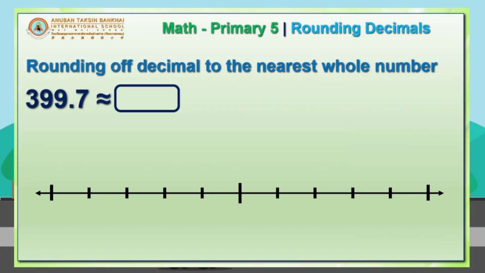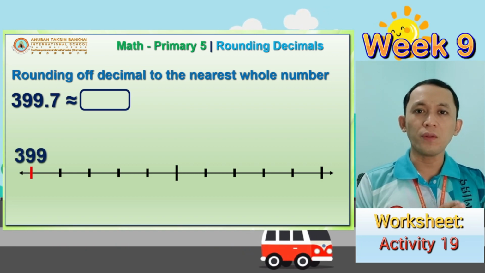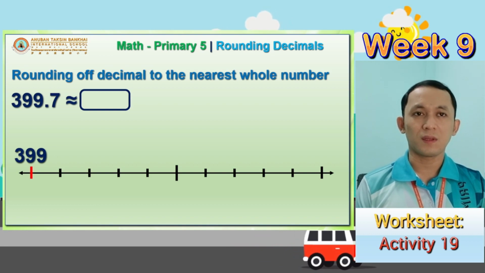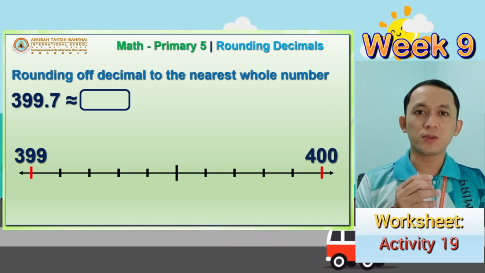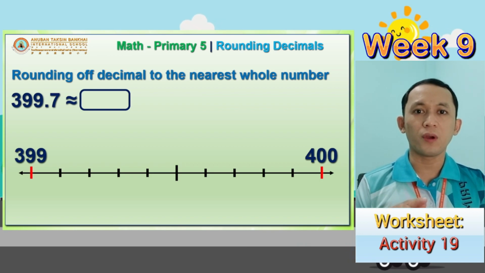Again, let's do the same process. We write our whole number, which is 399, and our next whole number, if we add one, that would be 400. Next, we write the exact position of 399.7.